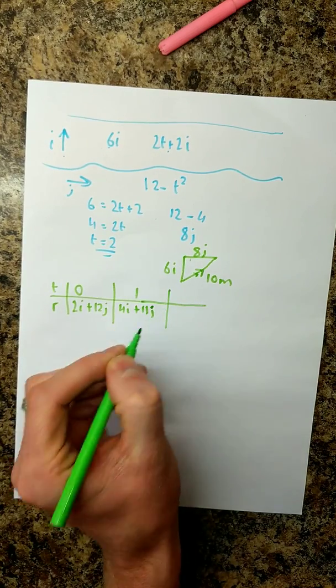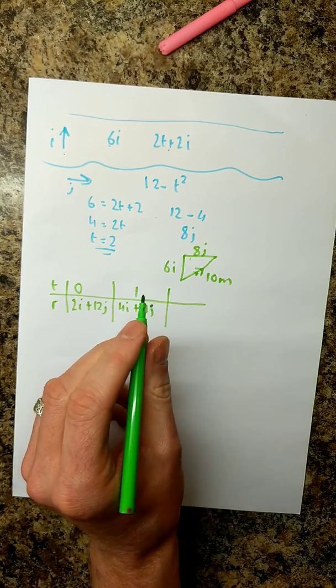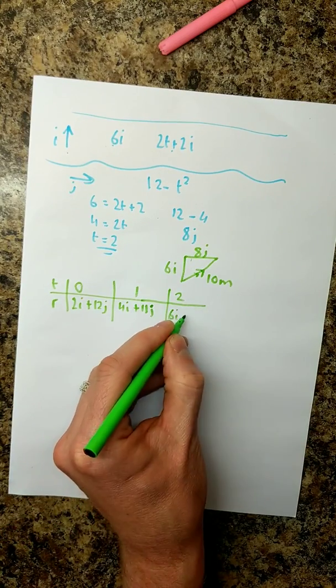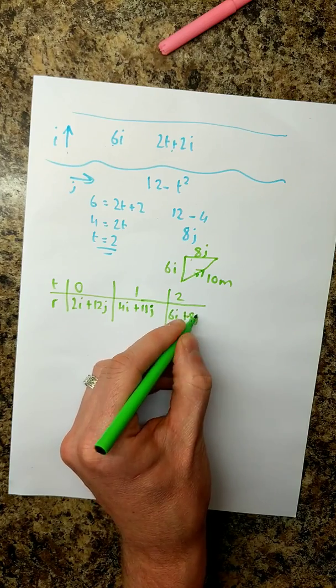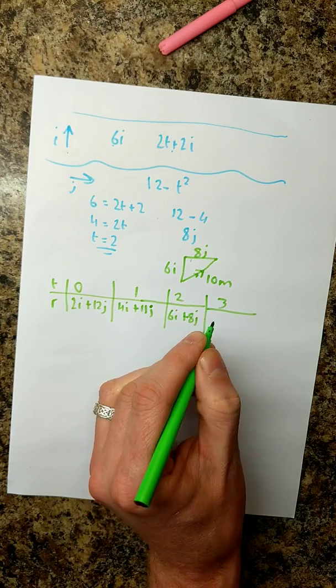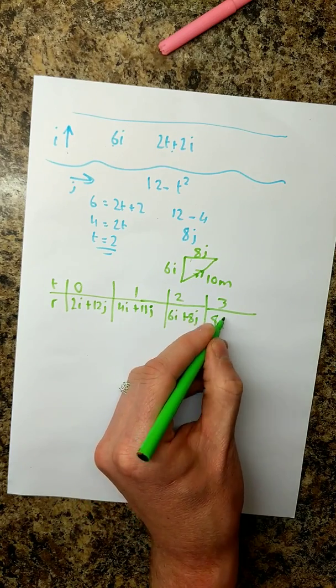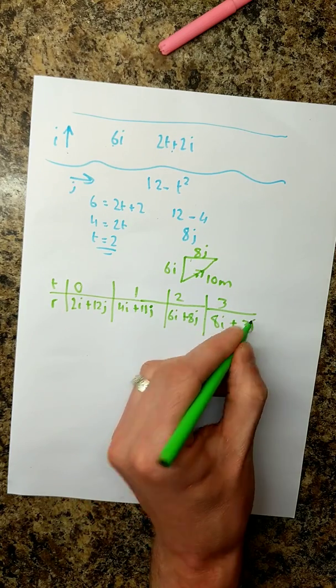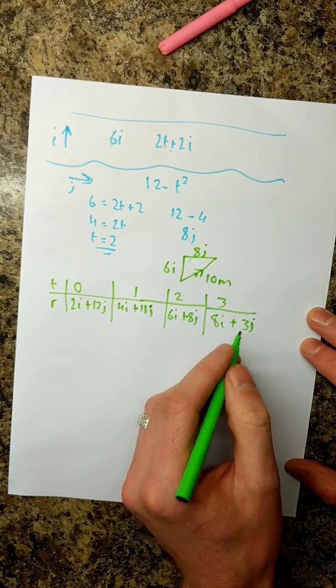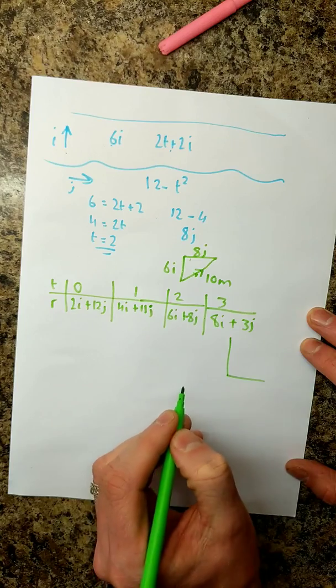This table is given to you, but that just shows how you end up plotting it. So I'll just write down the other numbers now. We get 6i plus 8j, and for 3 we get 8i plus 3j. This can be plotted on the graph just like what's been shown to you in the book.